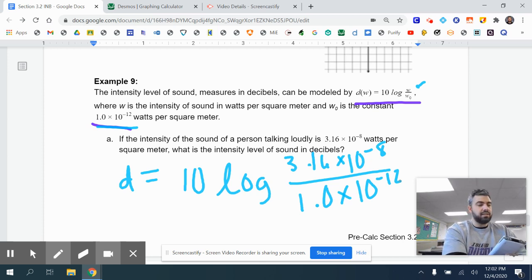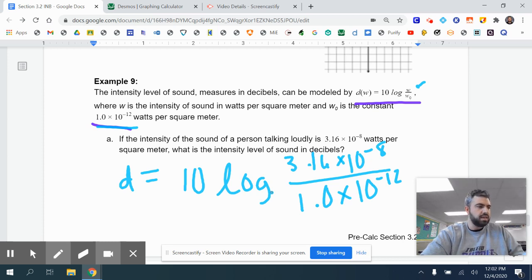The nice thing is, log is common log, so we can use it on our calculator. We do 10 log, and then in parentheses, 3.16 times 10 to the negative 8 divided by 1.0 times 10 to the negative 12.